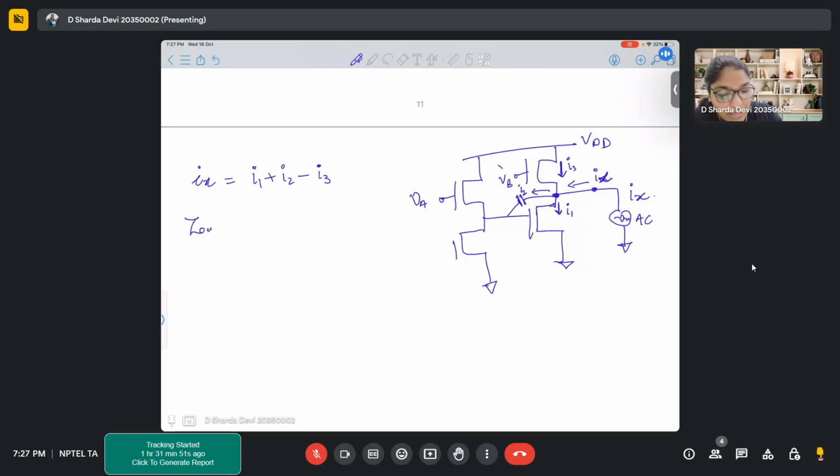Now, when we want to write Z out or ZX, ZX is ultimately Vx upon Ix, right? So Ix has the component of I1. This I1 will give rise to your gm2 term. Now this I2 will also introduce certain components with it.